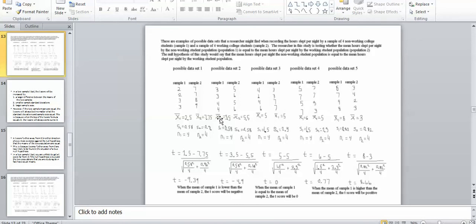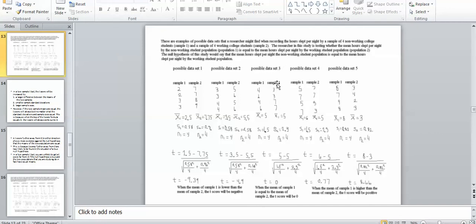But if you don't reach either critical value, you give the null hypothesis the benefit of the doubt, which means you give the benefit of the doubt to the idea that the population means are equal and that there's no difference between the population means.